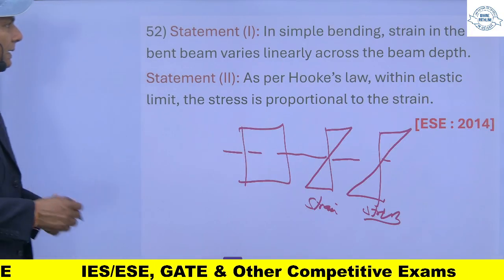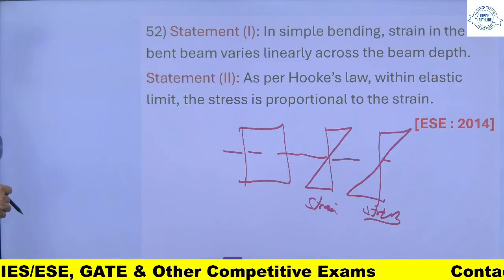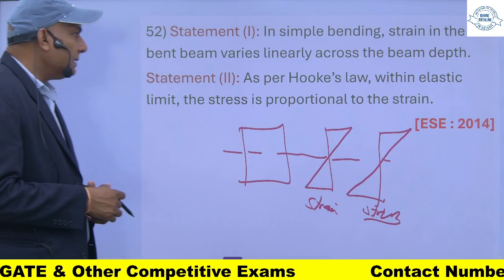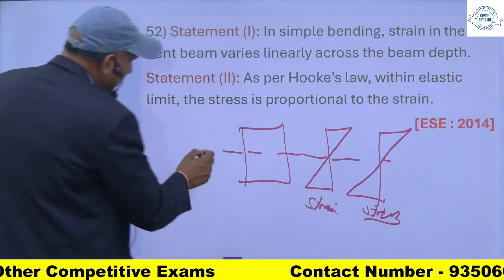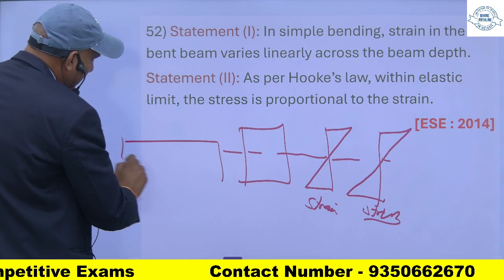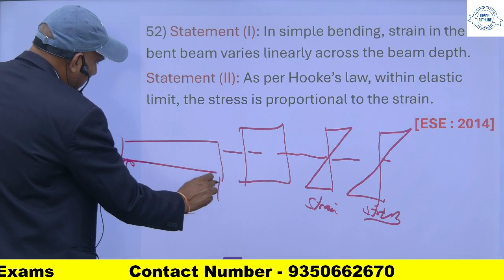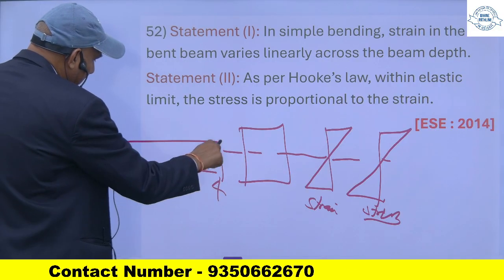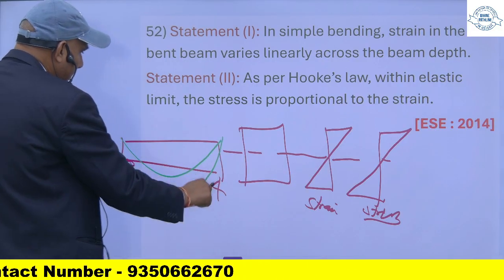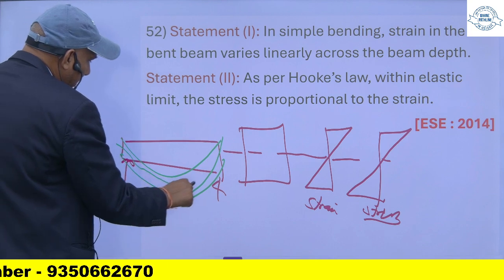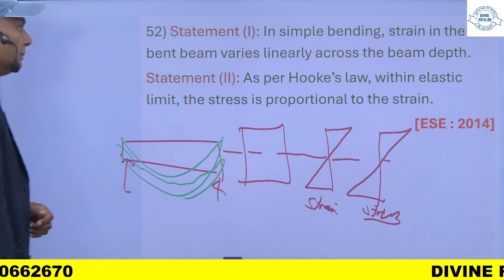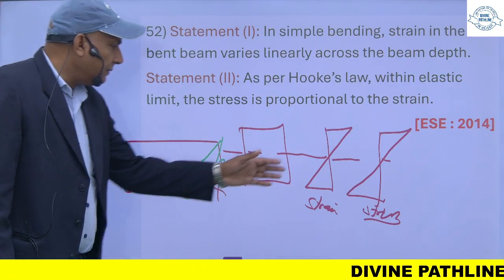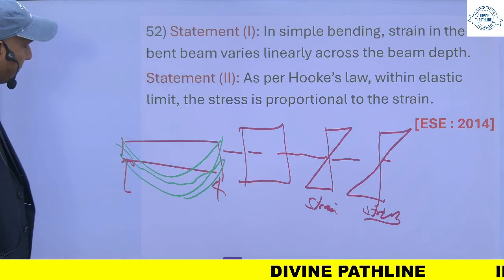In simple bending, the strain in the bent beam varies linearly. If this is like this, it will bend like this. So across the neutral axis, the strain will vary linearly.